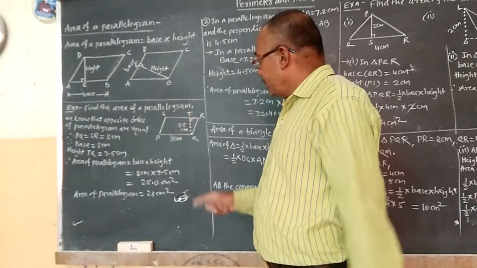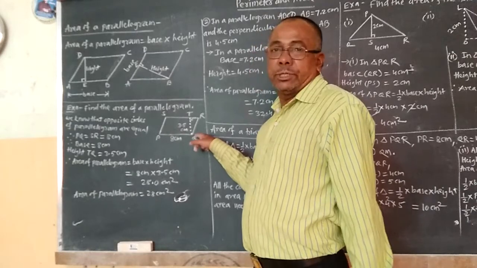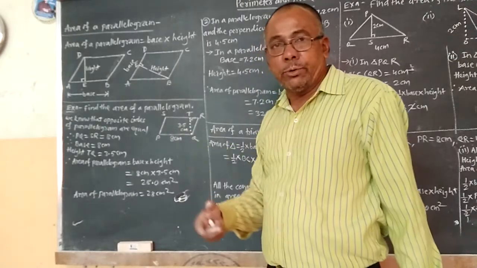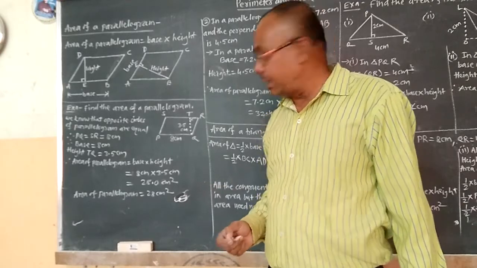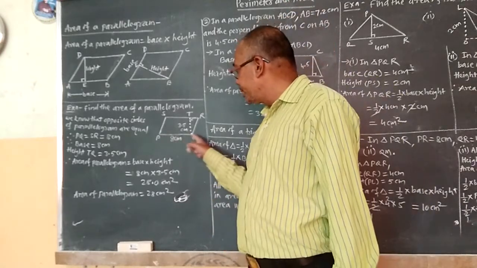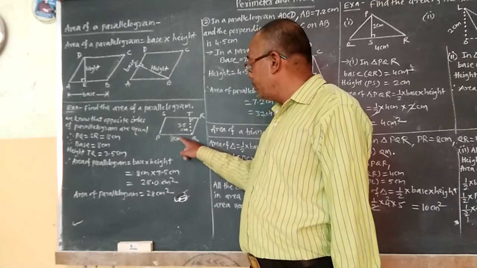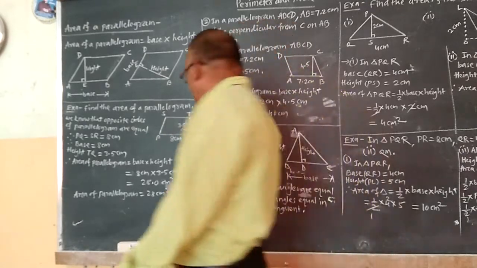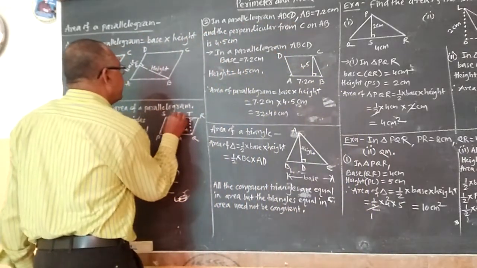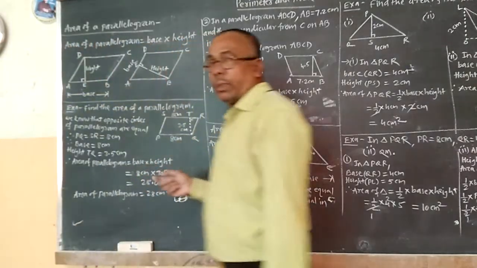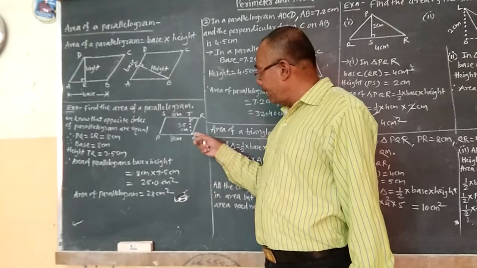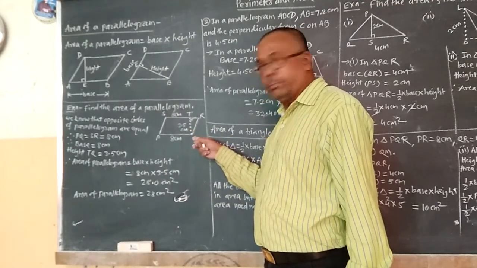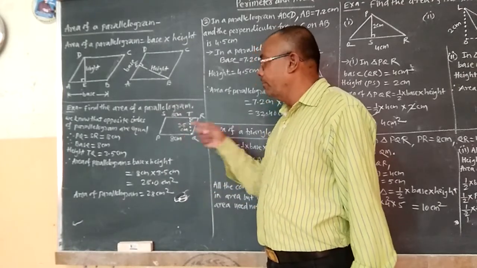But here only the length of PQ is given. Just now I told you that the opposite sides of a parallelogram are equal. Means if PQ is 8 cm, then its opposite side SR is also 8 cm, and therefore the base SR is 8 cm. And the perpendicular, that is the height, is 3.5 cm.